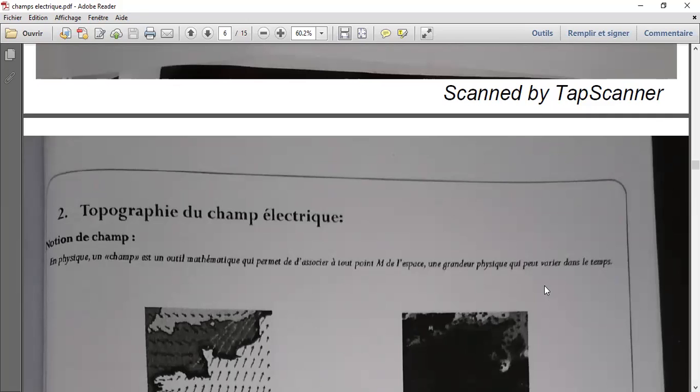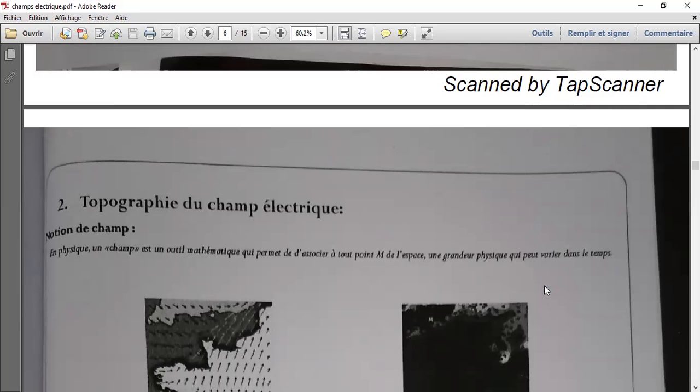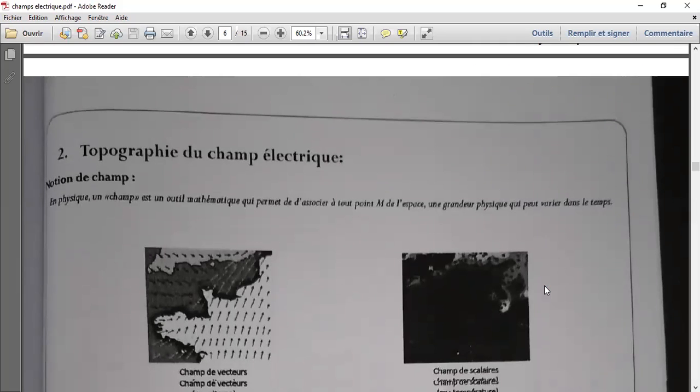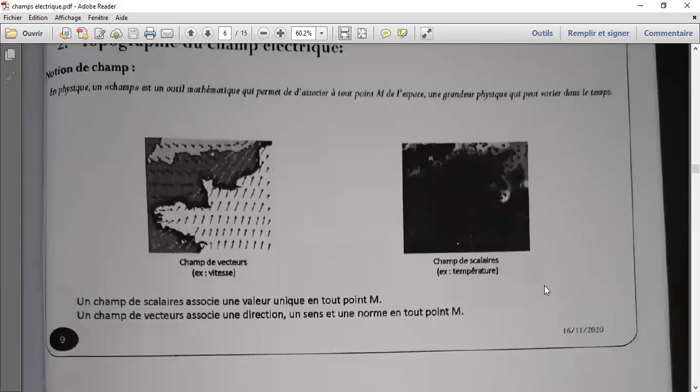I think you know about physical quantities. When I talk about the champ, I bring in physical quantities, and the champs are related with them. I'm talking about the scalar quantity and the vector quantity.